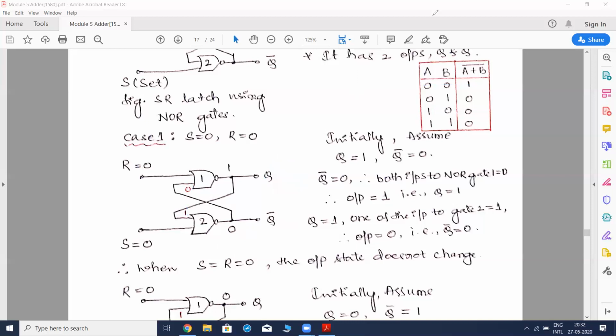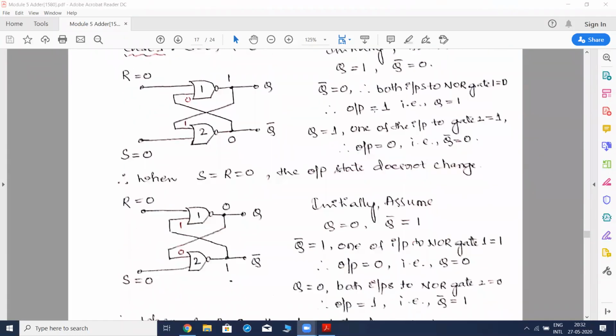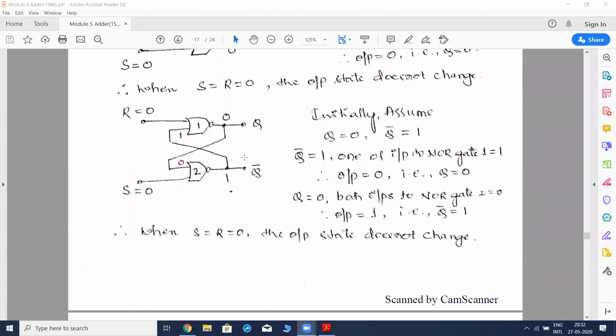See here, initially we had assumed Q as 1. Now we'll assume Q as 0. Obviously, Q bar must be 1. So from where do we start the analysis? We have to start from wherever the input is 1.